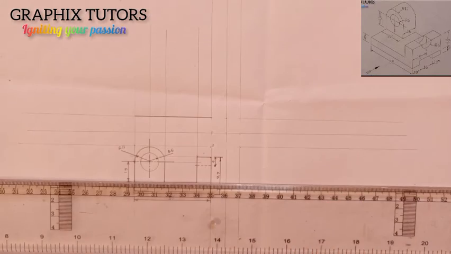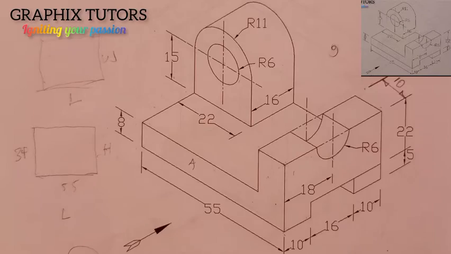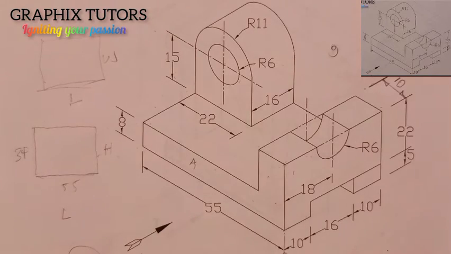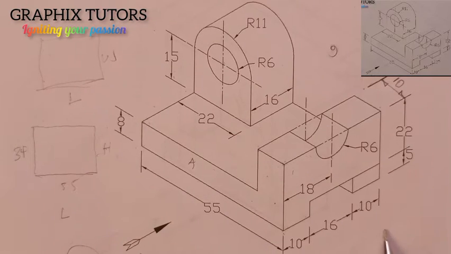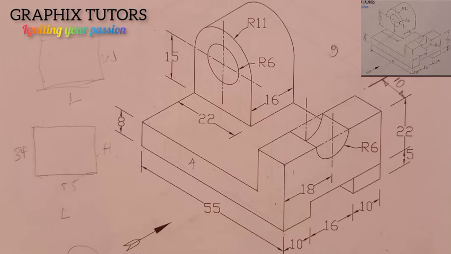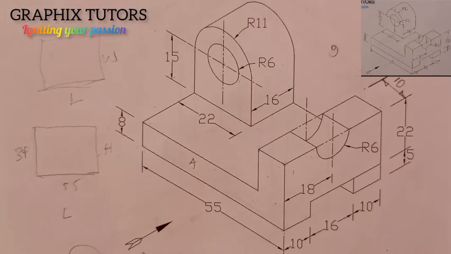Then what about the width? The width is like the height on the plan. So the width we have is this. So if here's the length and here's the height, automatically here's the width. So the width is 10 plus 16 plus 10. That is 36. So our width is what? 36. So we implement it here.